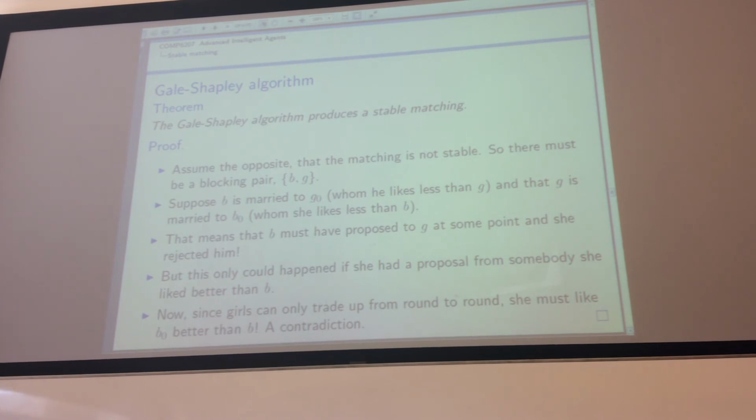They get some proposal, then they change a partner only if they get a better proposal. So girls only go up with the algorithm. So if she was proposed to by B and she rejected B, she had someone better than B, and now she is married to B0 who is worse than B. Can't be true. Okay, so we've got a contradiction. So indeed it is a stable match.